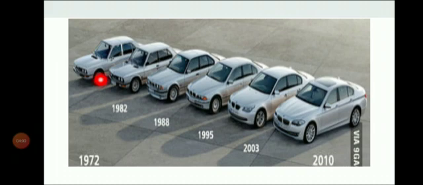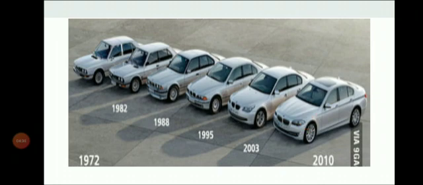Now look here, from 1972 till 2012 there was a lot of difference in these two cars, in their structure, their speed, each and everything, their functions, their machinery. Then in between, the car's model kept changing. In 1982 it was different, in 1988, 1995 and 2003 they were different, but the modern car looked like this in 2010.